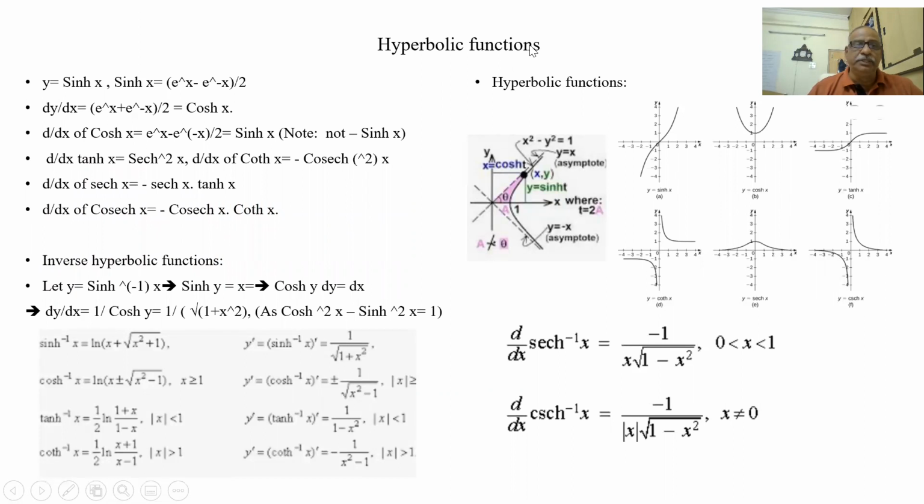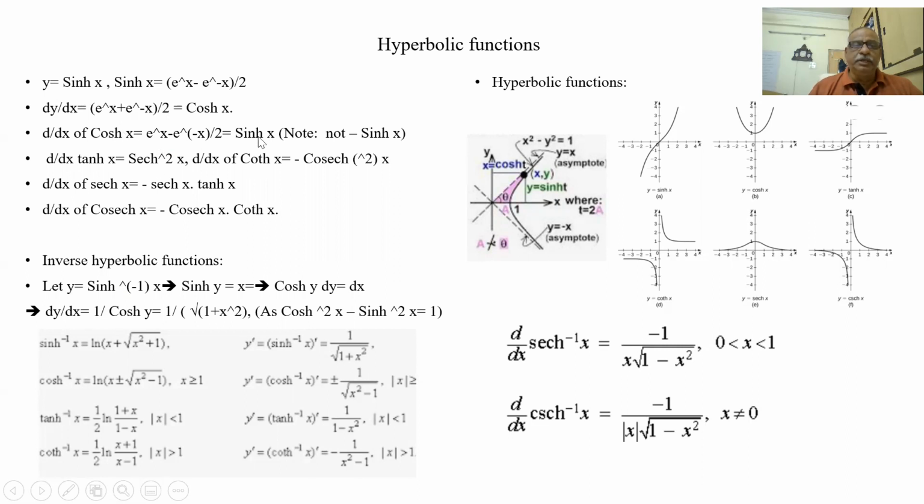This is hyperbolic functions. Sin hx has been defined as e to the power of x minus e to the power of minus x by 2. So when I do dy by dx of sin hx, I get e to the power of x plus e to the power of minus x by 2, which is cos hx. So the derivative of sin hx is cos hx. If I take the derivative of cos hx, e to the power of x minus e to the power of minus x by 2, because minus x will give a minus 1, so minus e to the power of minus x by 2, which is nothing but sin hx.